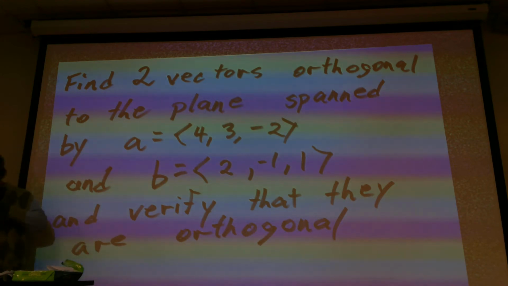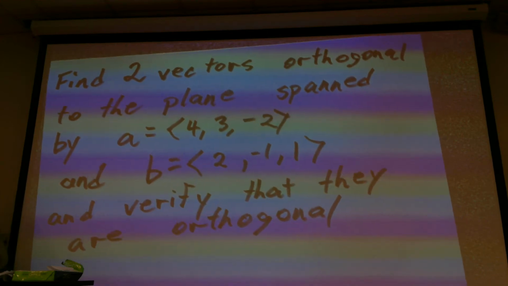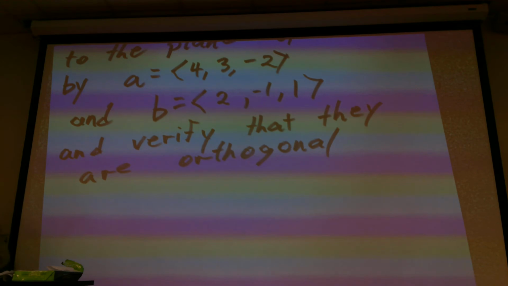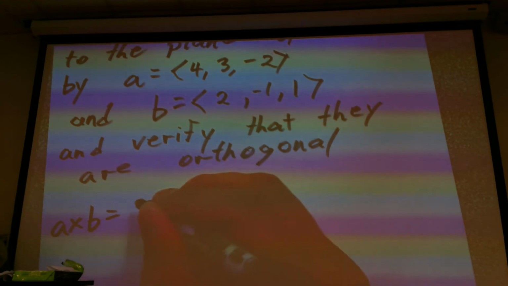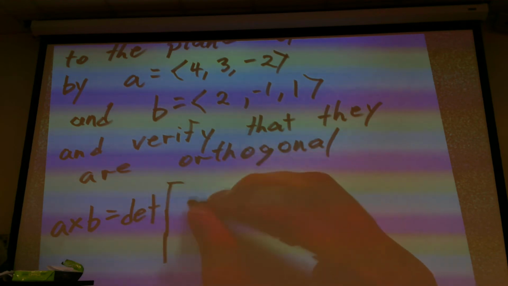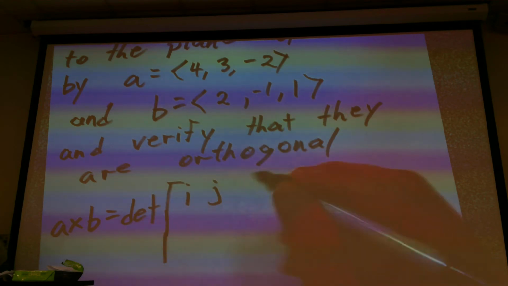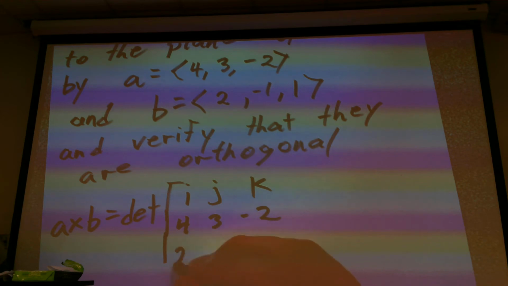Okay, so let's do A cross B. So A cross B is going to equal the determinant. Okay, so we have I, J, K, 4, 3, -2, and 2, -1, 1.